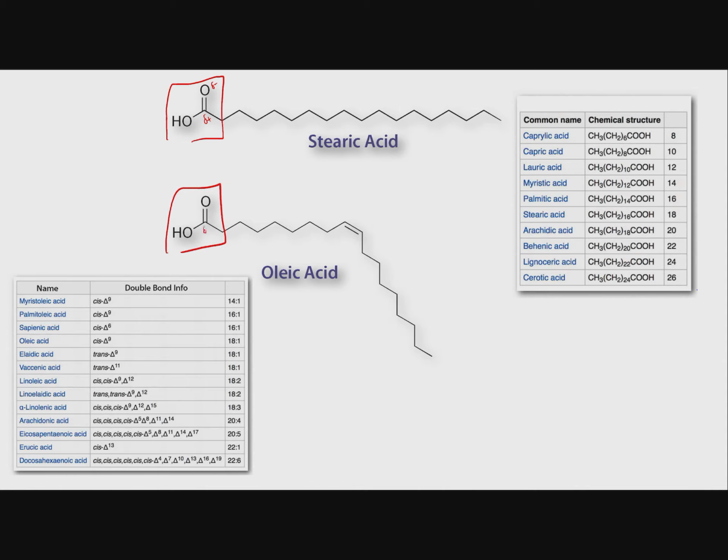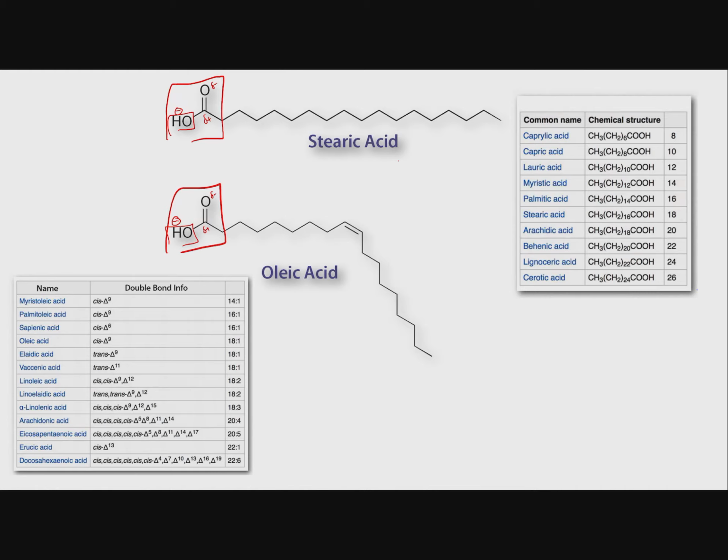So this carbonyl on its own is already charged, and then we've got this little bit right here too. This is an acidic hydrogen. This is going to come off and leave some negative charges. At most physiological pHs, this will not be a carboxylic acid, but will be a carboxylate ion. We'll talk a little bit about that too. And so there's lots of charges on this part of the group.